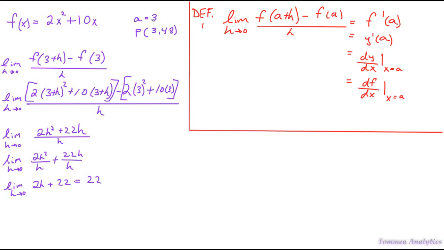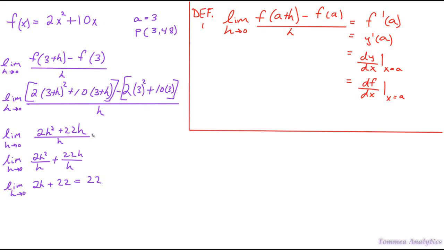So a is 3 and we substitute it, so we have 3 plus h substituted in for this x and this x, and we get what is in this bracket, and then we subtract f of a. So we substitute a into this function at x and this x, and when we do that we get this last bracket.